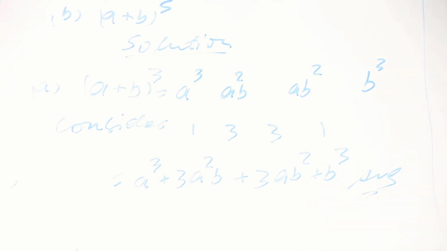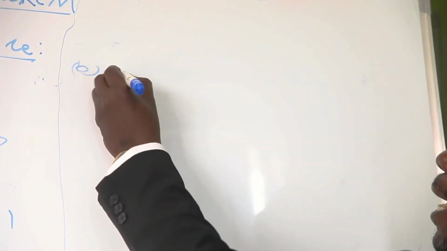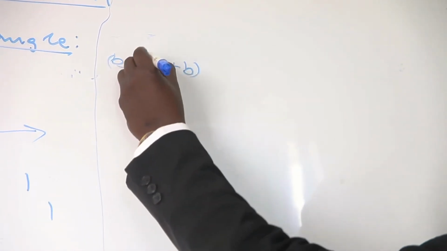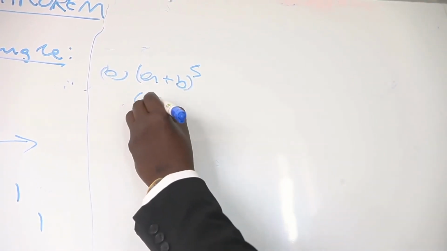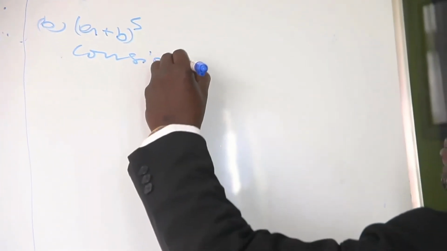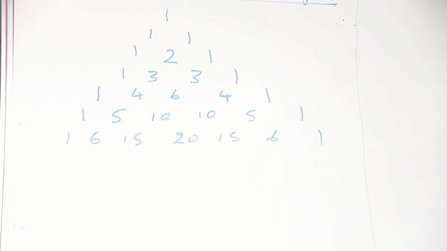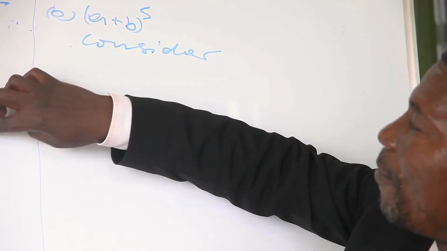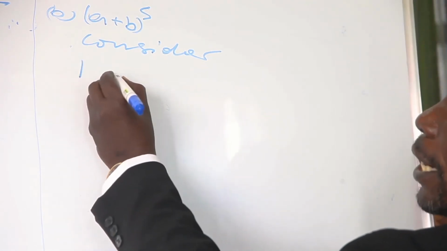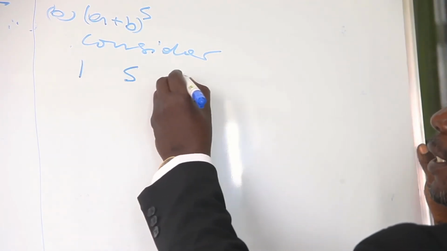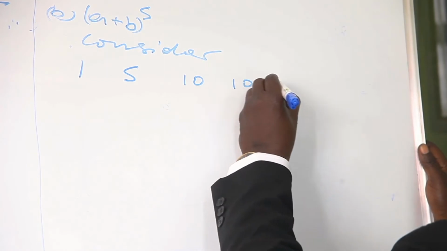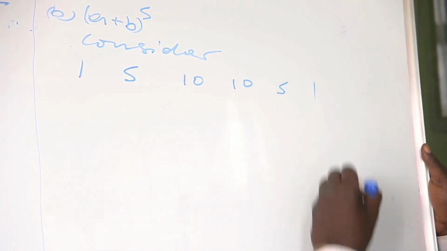Then part B. It is A plus B power 5. You consider the expansion. The powers go 0, 1, 2, 3, 4, 5. So I consider 1, 5, 10, 10, then 5, then 1.